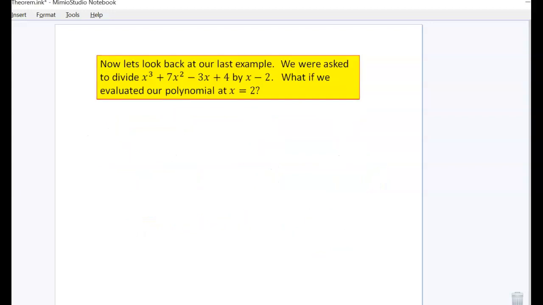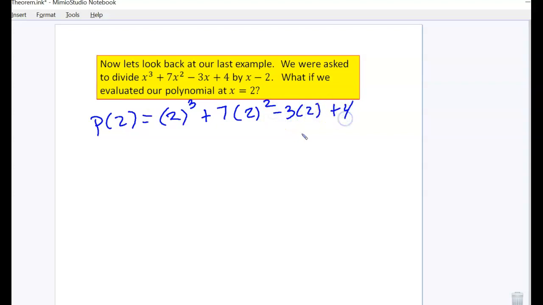Okay, now let's look back at our last example. We were asked to divide x cubed plus 7x squared minus 3x plus 4 by x minus 2. What if we evaluated our polynomial at x equals 2? Plugging 2 in for x, I get 2 cubed plus 7 times 2 squared minus 3 times 2 plus 4.